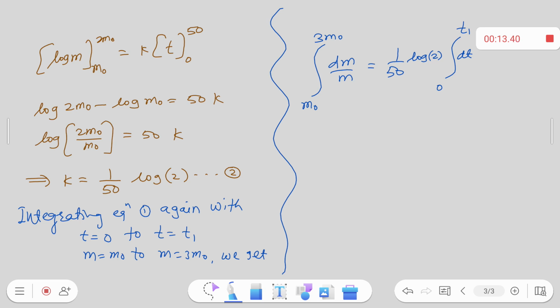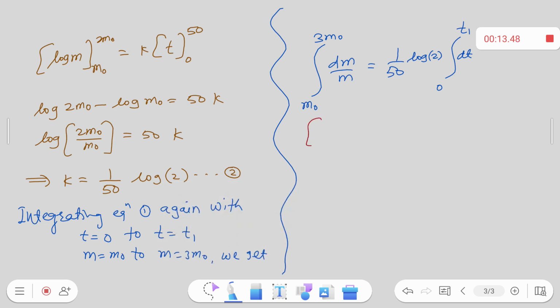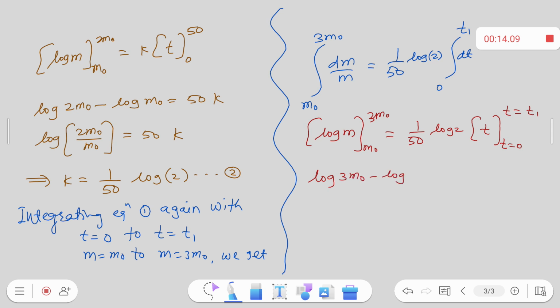So this one is log m, from m0 to 3m0, is equal to 1 by 50 log 2, integration of t from t equal to 0 to t equal to t1. So this one is again log of 3m0 minus log of m0 is equal to 1 by 50 log 2 into t1, since t1 minus 0 is only t1.